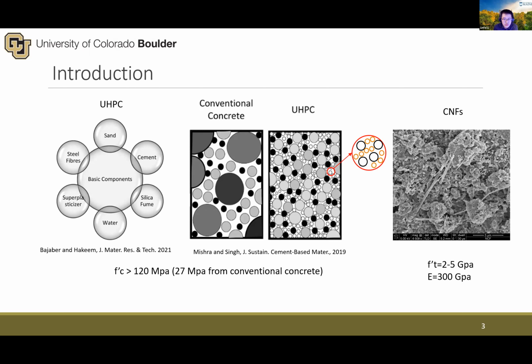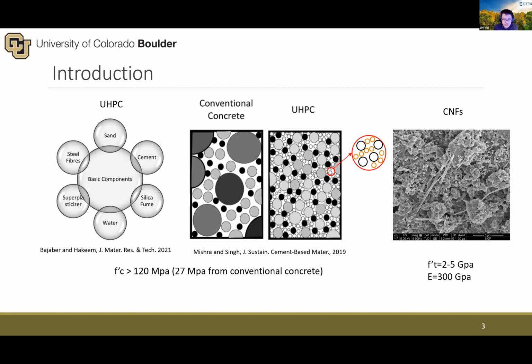The structure of conventional concrete and UHPC is different, and UHPC is definitely a denser material. However, even for UHPC, there are still some macro-scale, or even nanoscale, spaces among the different compositions.